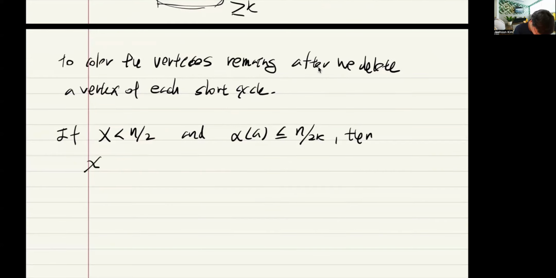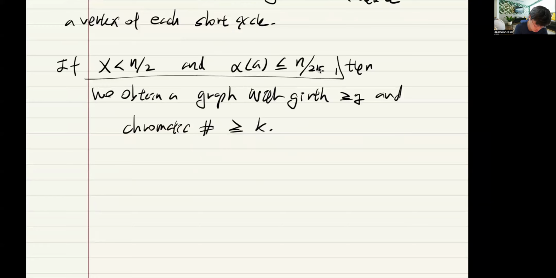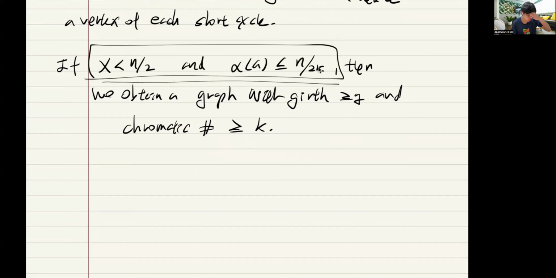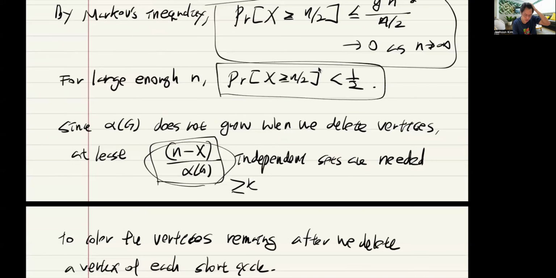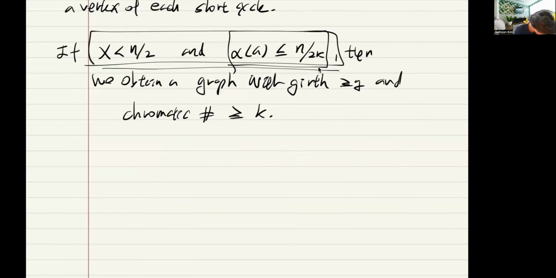Then the chromatic number of the final graph, then we obtain a graph with girth at least g and chromatic number at least k. So we want to show that these two can happen together. And we already showed that this probability is smaller than half. And then we want to now show that this probability is smaller than half.